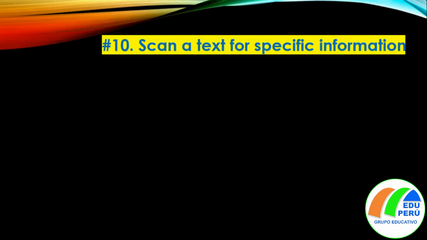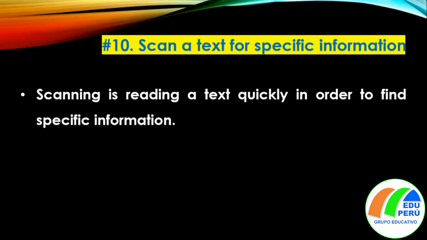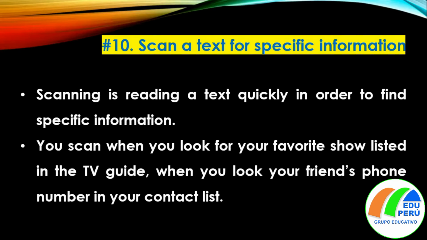Another important sub-skill that we use in reading is scanning. In this stage, we usually scan a text for specific information. Scanning is reading a text quickly in order to find some specific information. You scan when you look for your favorite show in the TV guide, or when you look for your friend's phone number in your contact list.